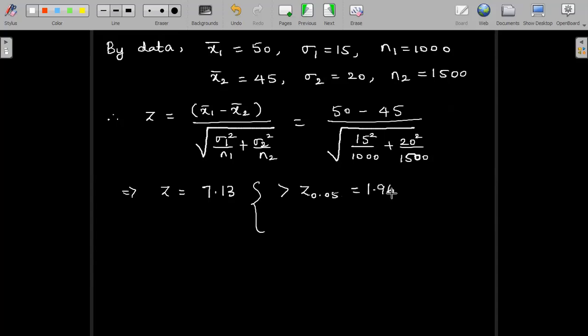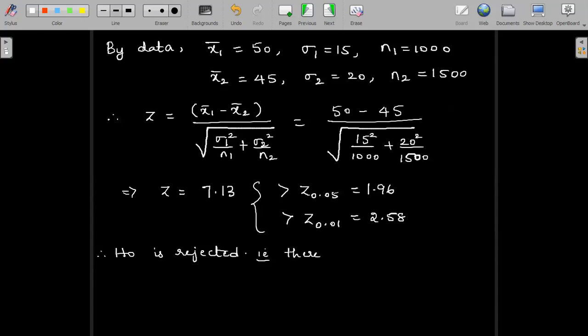That is at 5% level of significance as well as at 1% level of significance. So thus H naught is rejected. And this is one and the same as saying there is a significant difference between the mean wages.